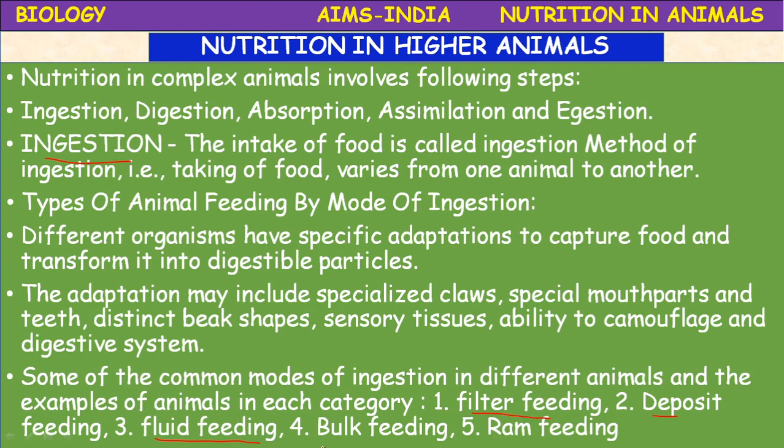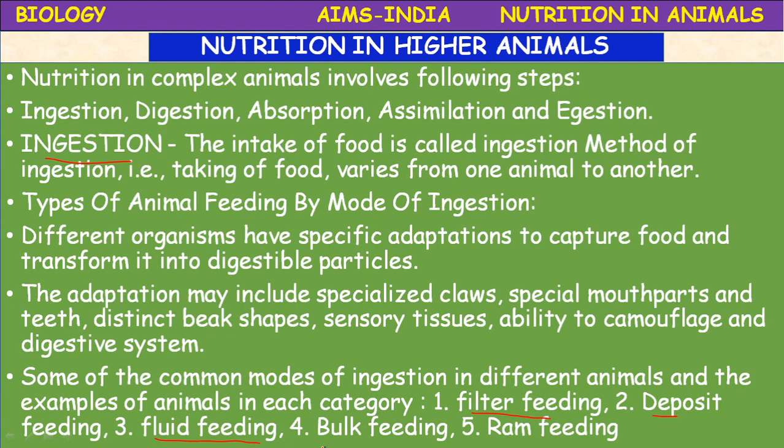They are also called sanguivorous. They feed on blood. And certain organisms feed on nectar, nectarivores, which feed on nectar, and plant sap suckers.